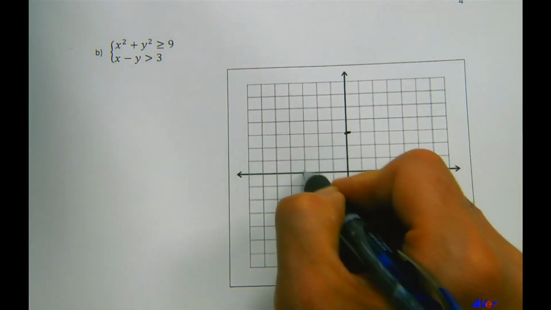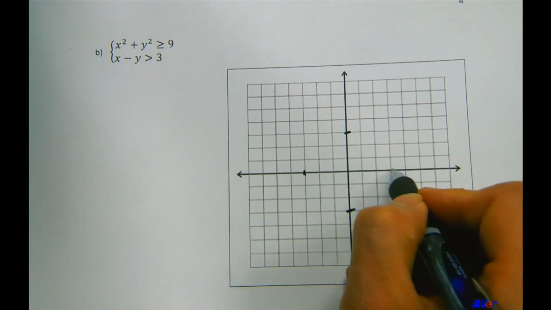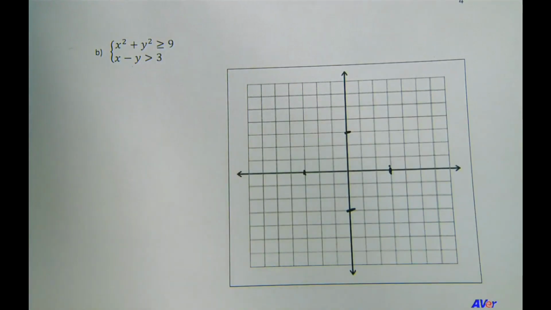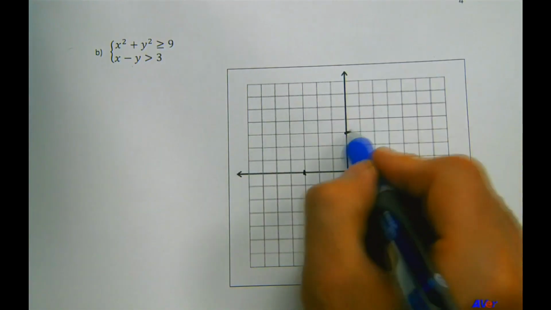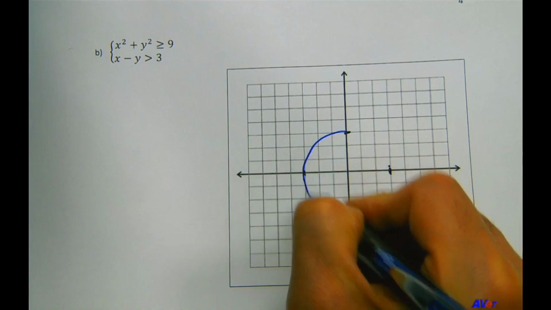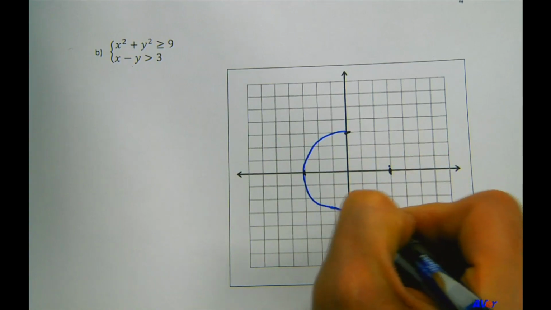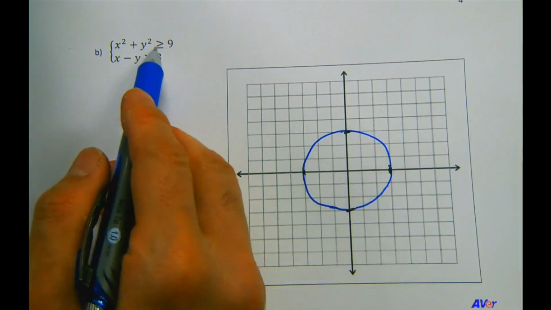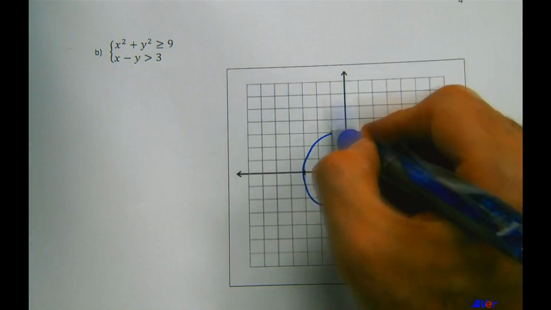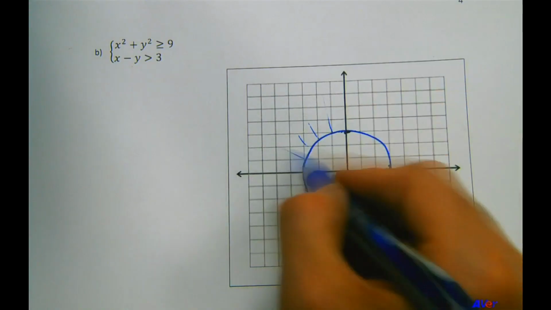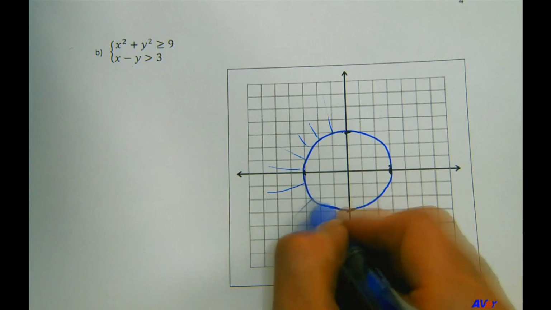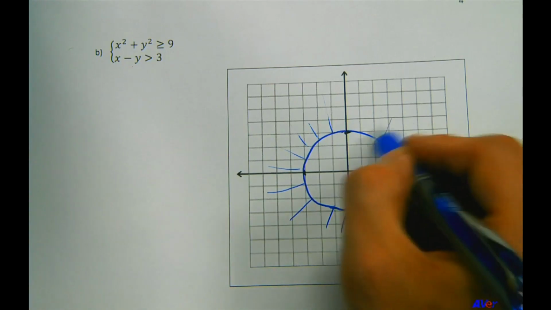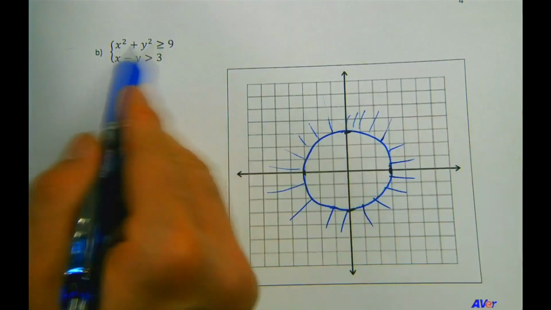So if we draw a circle of radius 3, let's say like that, and this is outside of that radius, so that's what it's talking about, outside of that. On the circle or outside of the circle is the solution for that top inequality.